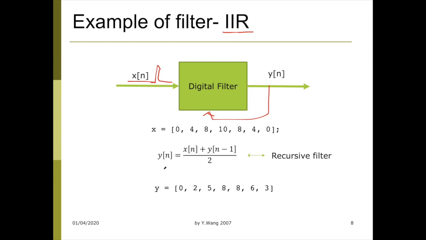So let's look at this equation. It basically says the current output signal yn is equal to xn plus yn minus 1, where yn minus 1 is the previous output. When the system has the previous output, it can calculate the average between the previous output and the current input.